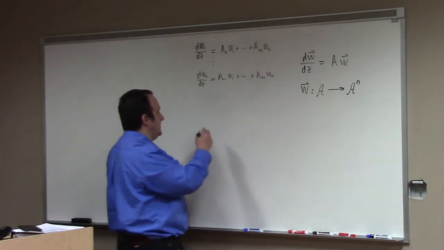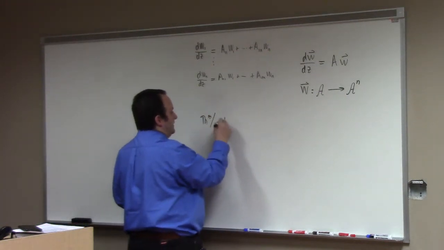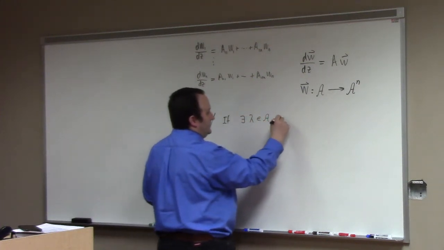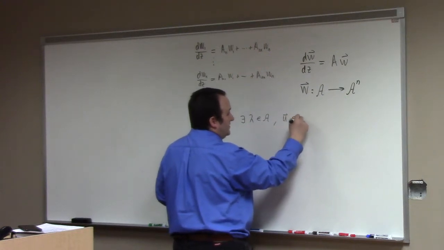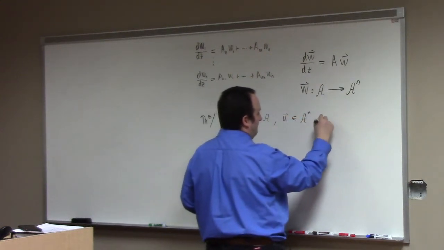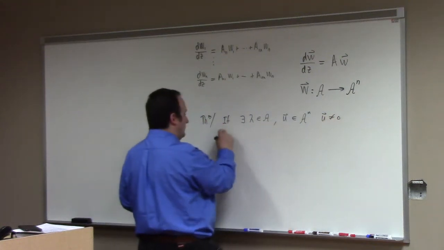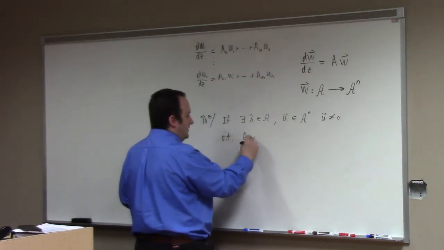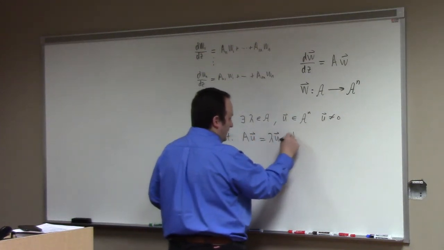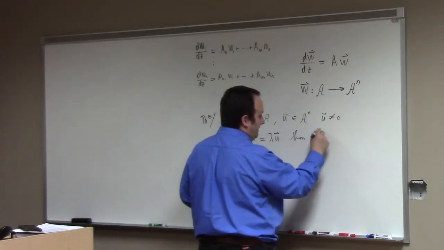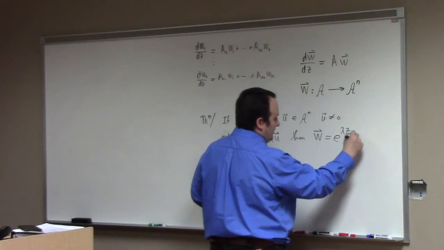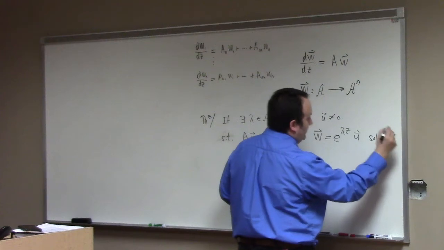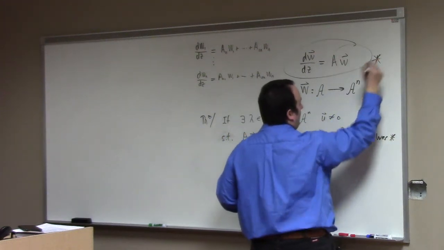So, theorem: if there exists lambda in A and u in A^n non-zero such that Au equals lambda u, then w equals e to the lambda z u solves star.